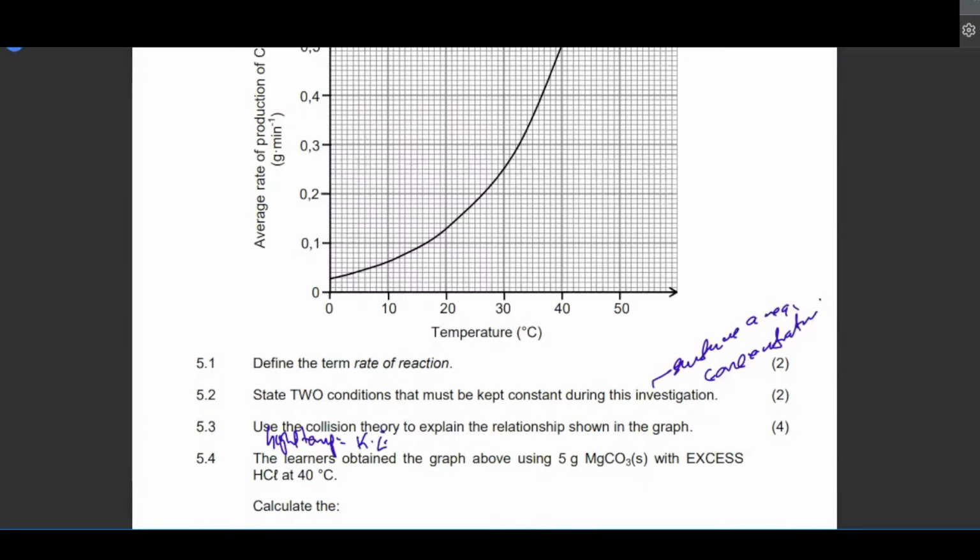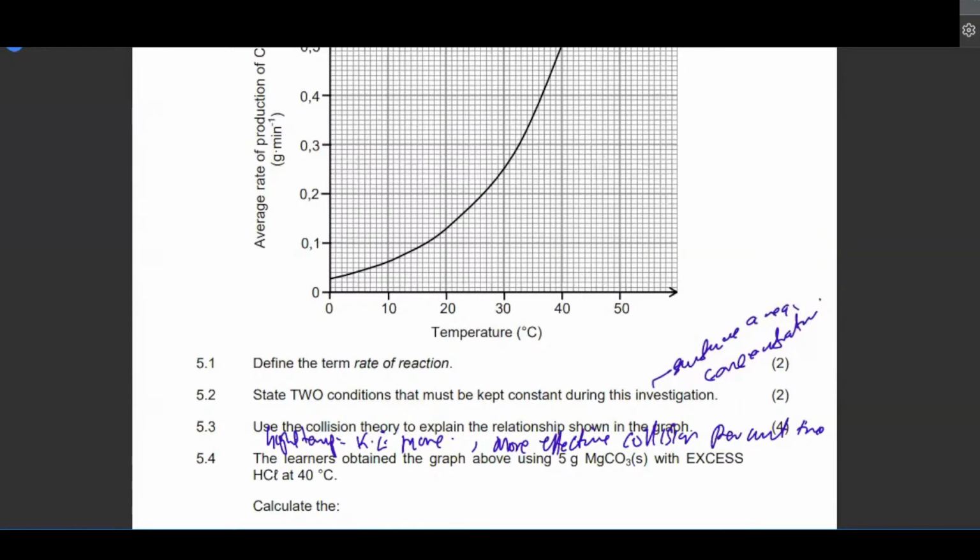And then if there is more kinetic energy, meaning that the particles have more kinetic energy, therefore you must talk about more effective collisions. But the collisions must take place per unit time. So the higher the temperature, the higher the number of particles with more kinetic energy, and the more effective collisions per unit time will happen.